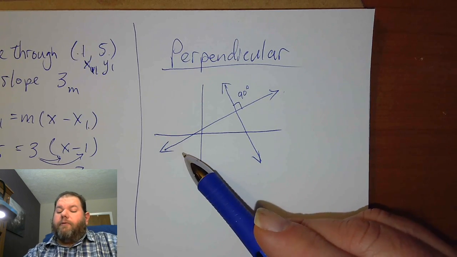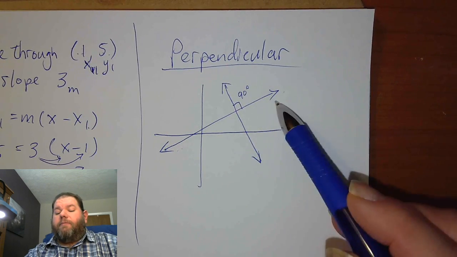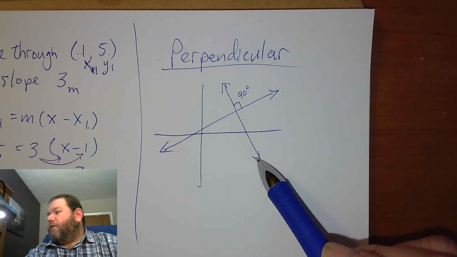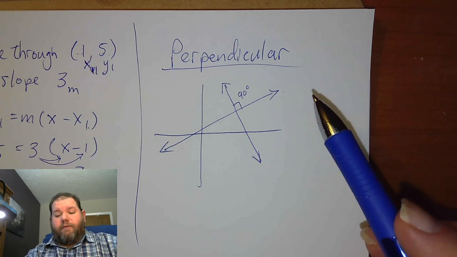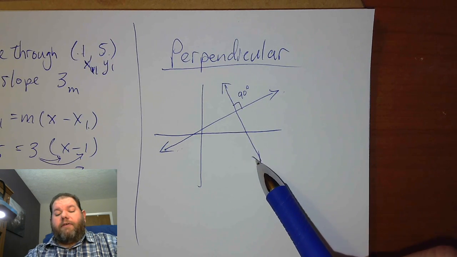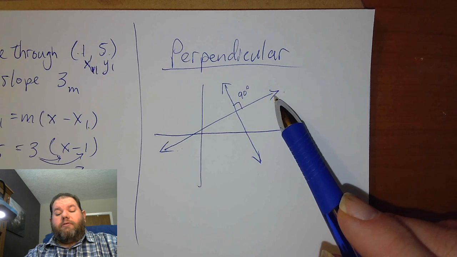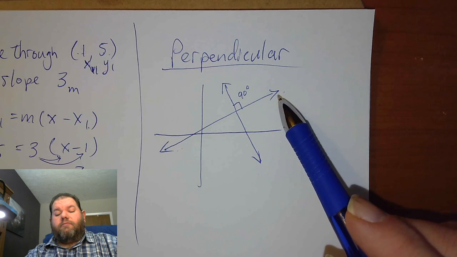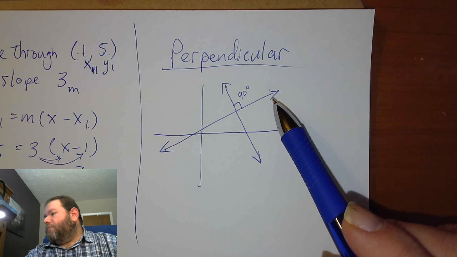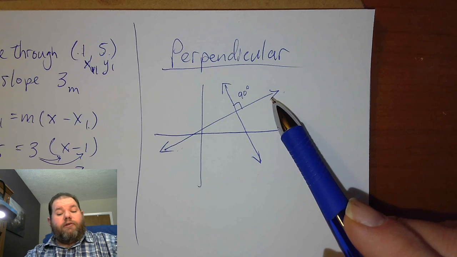So if they have the same slope, just different signs, we're saying this line is just as steep as this line. We know one's positive, one's negative. But it looks like, just looking at these two, this line looks like it has a steeper slope than this one has. Okay. Yeah, so I would say that they actually have different slopes.